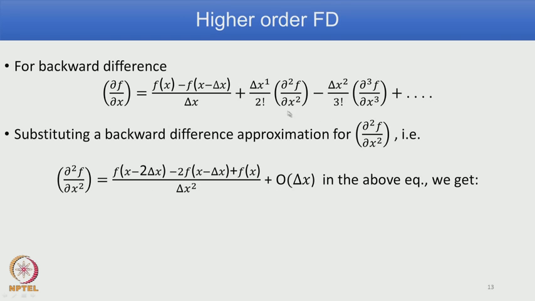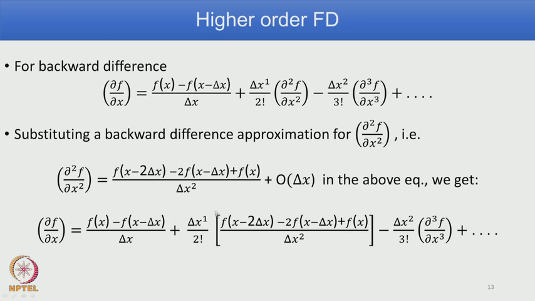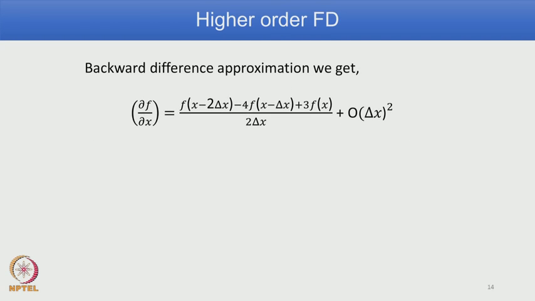Now, we replace the second derivative term by this backward differencing formula for that term, and again properly reorganize the corresponding terms, and we end up getting the backward differencing, higher order finite difference scheme for the first derivative dou f by dou x, and you can again observe that this is rearranged and we get finally a formula like this.